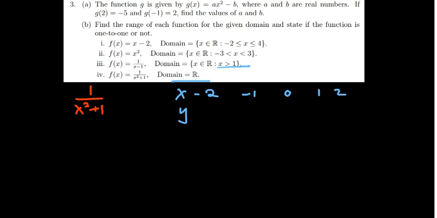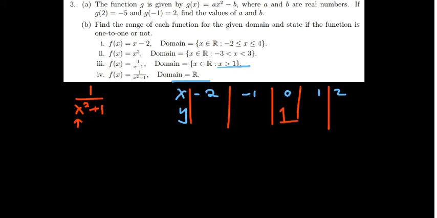Expect negative 1 and 1, being opposite signs, to give us the same result. If I put 0 where there is x squared, I just have 0 plus 1, which is 1. 1 over 1 gives us 1.